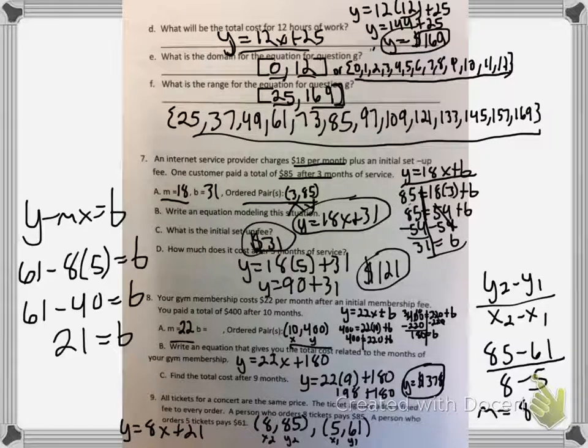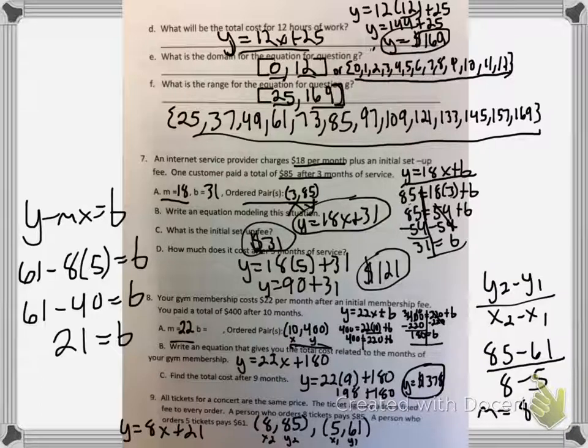So I got y equals 20x plus b. Plug in my x and y for x and y in my equation. 400 equals 20 times 10 plus b. 400 equals 200 plus b. So I subtract 200 from both sides. B equals $200. Gym membership is y equals 20x plus 200.